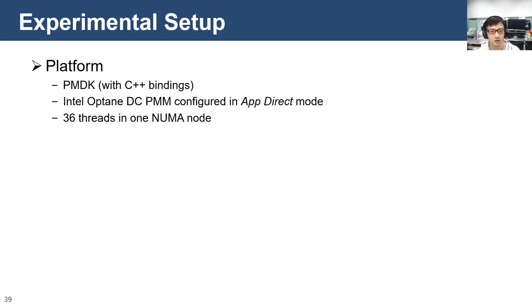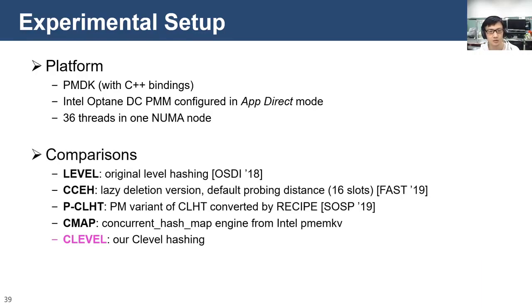In the evaluation, we compare state-of-the-art indexes from both the academic and the industrial community. For fair comparison, we ported Clevel hashing, CCEH, PCLHT, and our Clevel hashing to the same platform of CMAP, that is, Intel pmemkv.